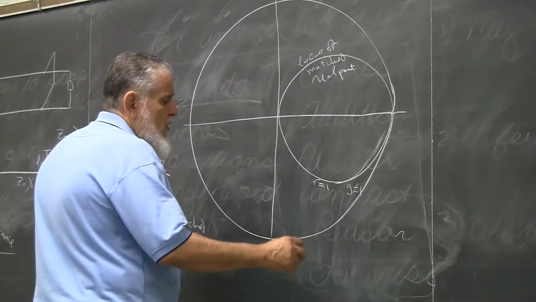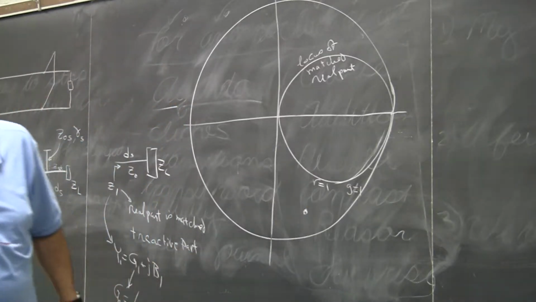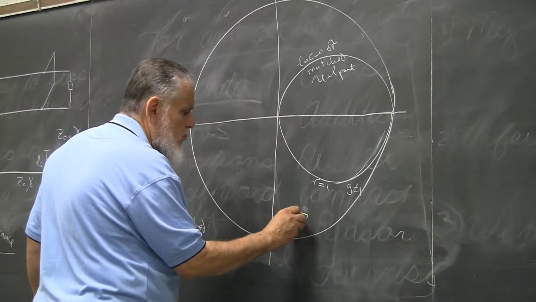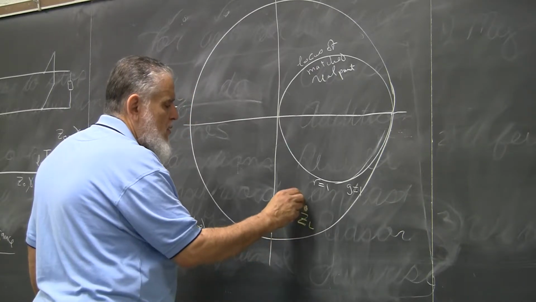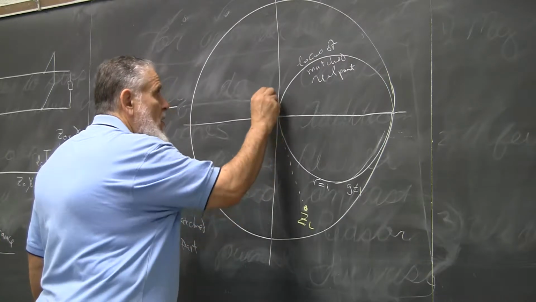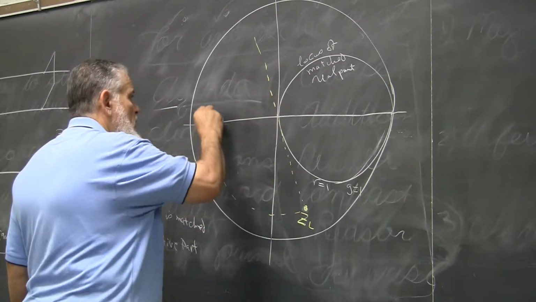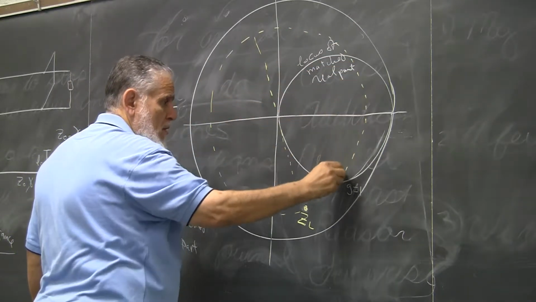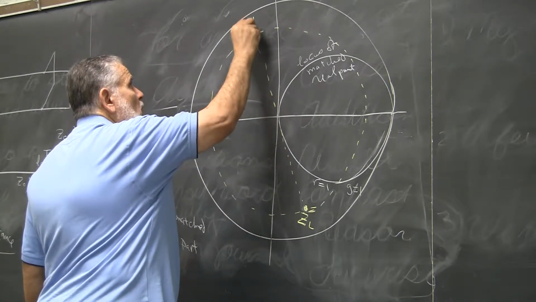So, suppose I start with a Z load right here. If I take this on the fixed radius circle, that would be my Y of the load.